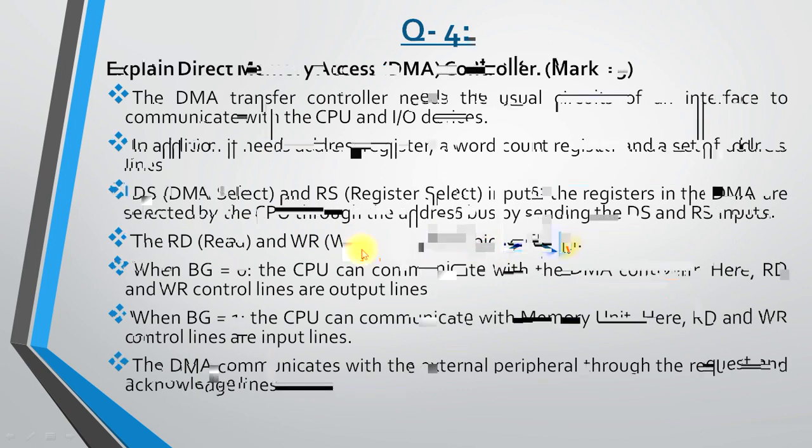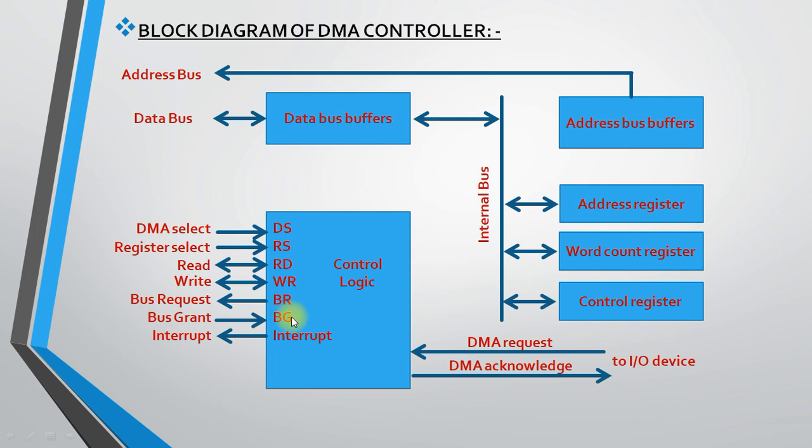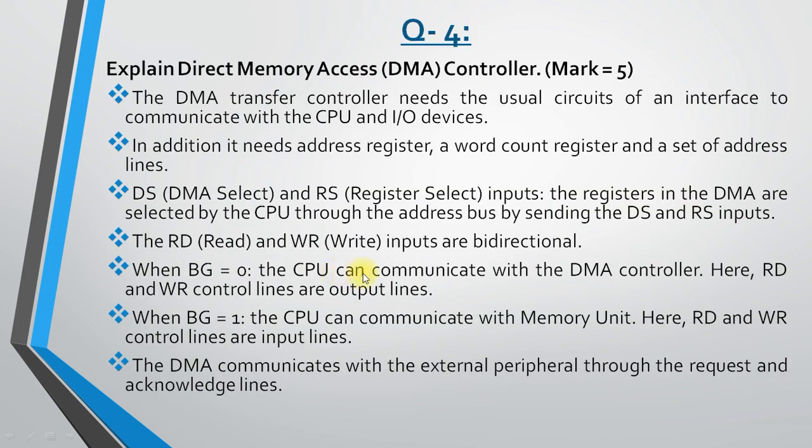Now see, BG means bus grant. When BG equals 0, it means the CPU can communicate with the DMA controller. If BG equals 1, at that time the CPU can communicate with the memory unit.